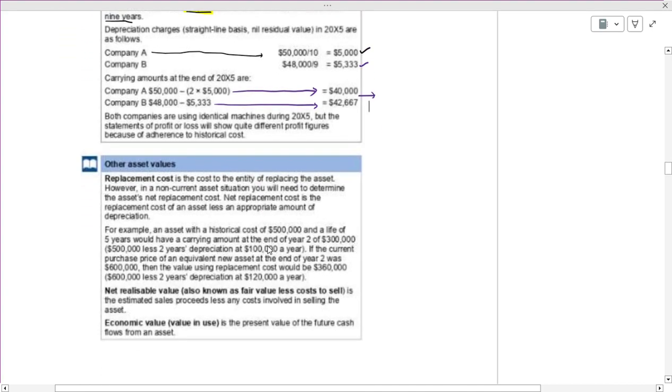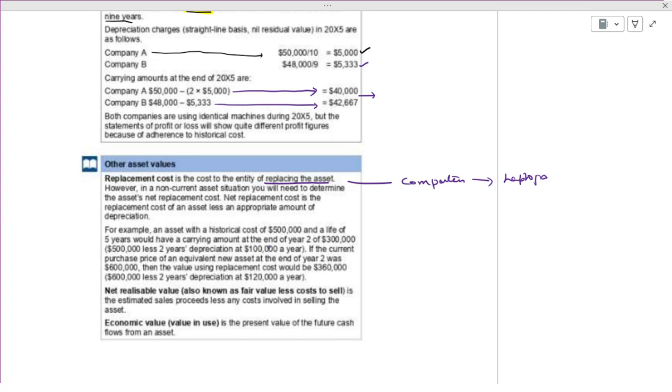What is the replacement cost? It is the cost of replacing the asset. The name itself says it. I will give an example. You have computers, and now you want to replace the computers with laptops. Definitely, when you are replacing them, you will have some additional cost.